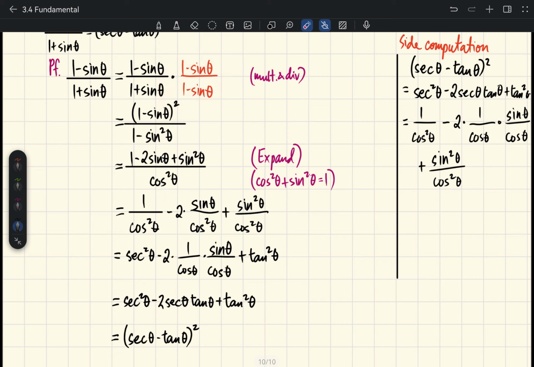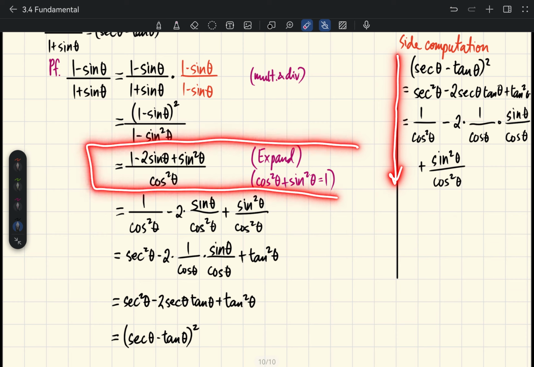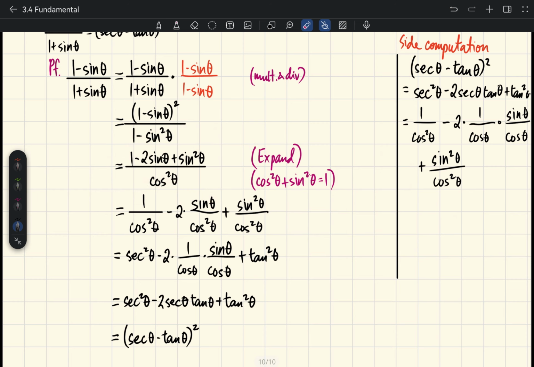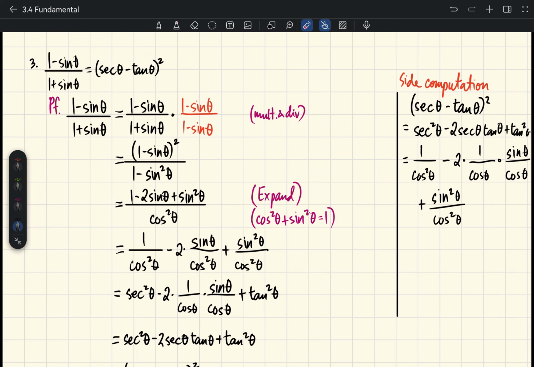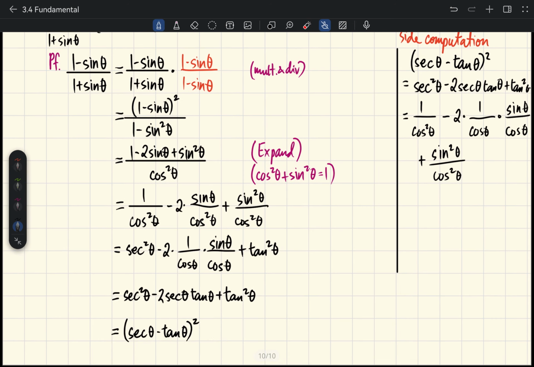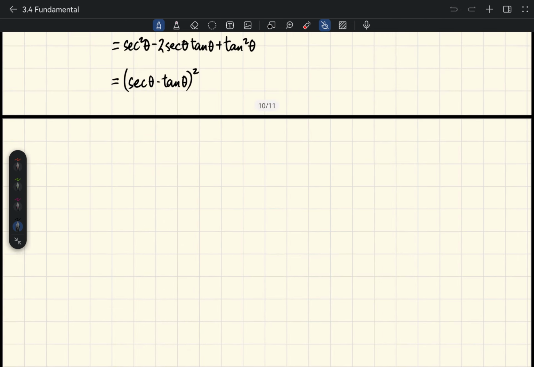Then after that, we did some side computations by starting from the conclusion and hopefully reaching this part where we got stuck. So those are some techniques that you can use in proving trigonometric identities, and eventually you'll understand when to use those techniques. Okay?